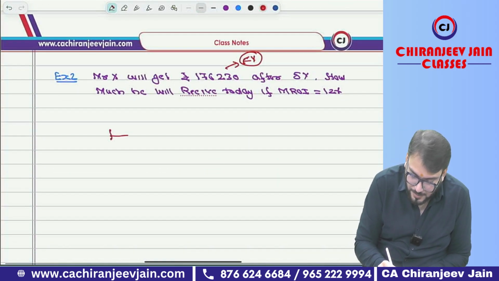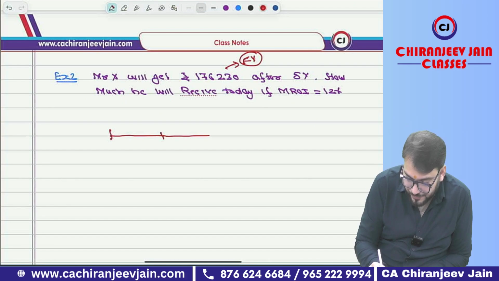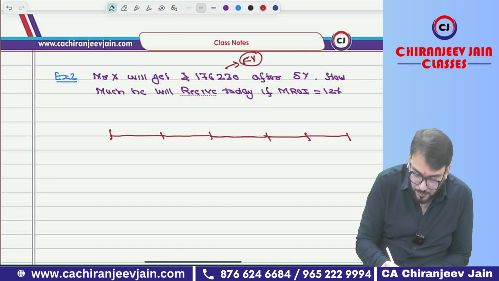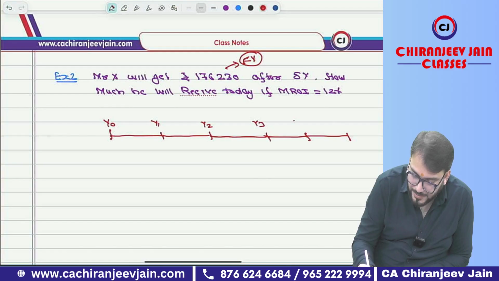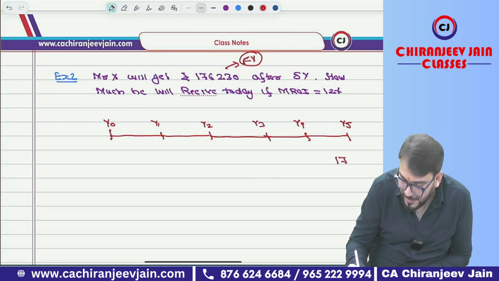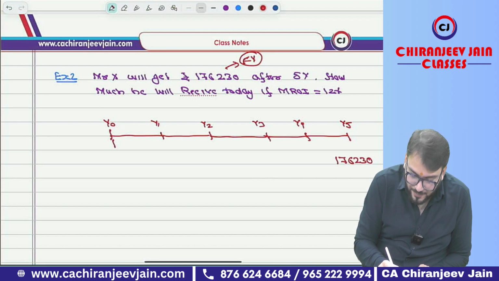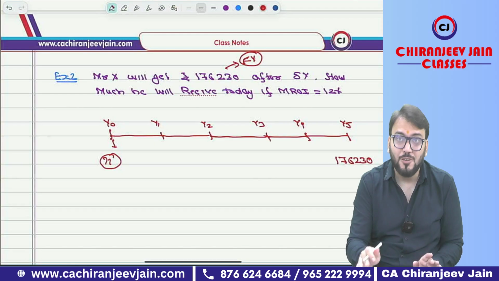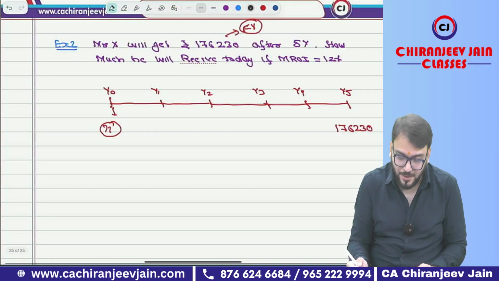If this is the case, this is y0, y1, y2, y3, y4, y5. This is 1,76,230. And right now, how much will you receive, that we want. It means we need to convert future value into what? Present value. The same formula.